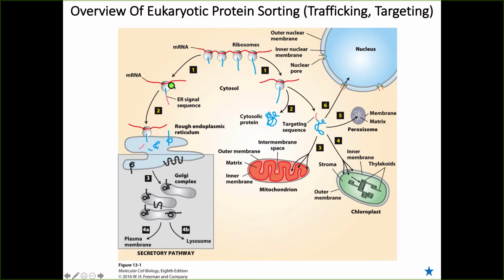This pathway, not involving the nucleus, mitochondria, or chloroplast, but going through the endoplasmic reticulum and the Golgi and the distribution, is known as the secretory pathway. The name is a bit of a misnomer.